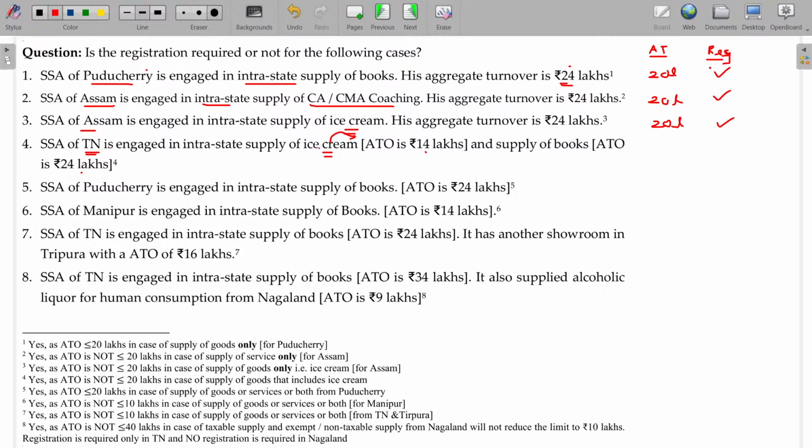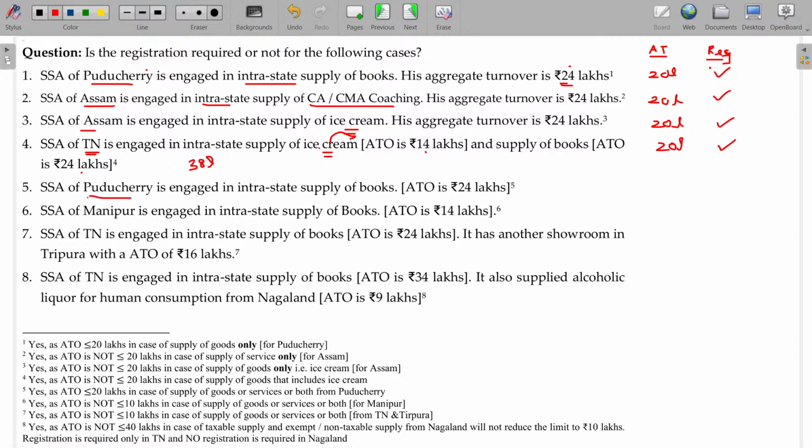When ice cream comes, the higher limit will not be applicable. Only the lower limit is applicable. In total, his turnover is 38 lakhs. 14 lakhs is the supply of ice cream, another 24 lakhs is for the supply of goods. In PAN-based aggregation, it comes to around 38 lakhs. Since he is involved in ice cream, the higher limit of 40 lakhs will not be applicable. So registration is a must.